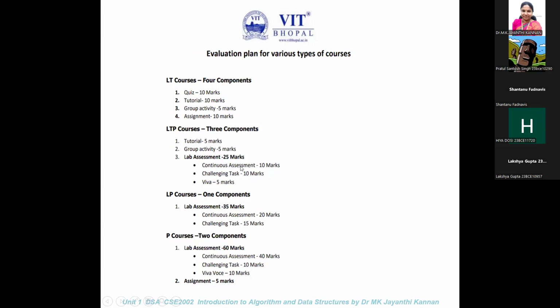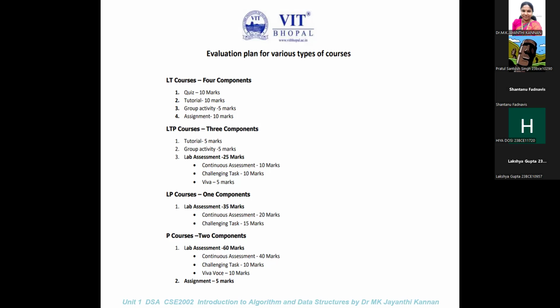Viva questions based on the lab assessment carry 5 marks, and attendance 5 marks. Tutorial 5, group activity 5, 10, 20, 30, 35, mid exam 30, and attendance 5. So the total is 70 marks internal, and the term end exam carries 30 marks.